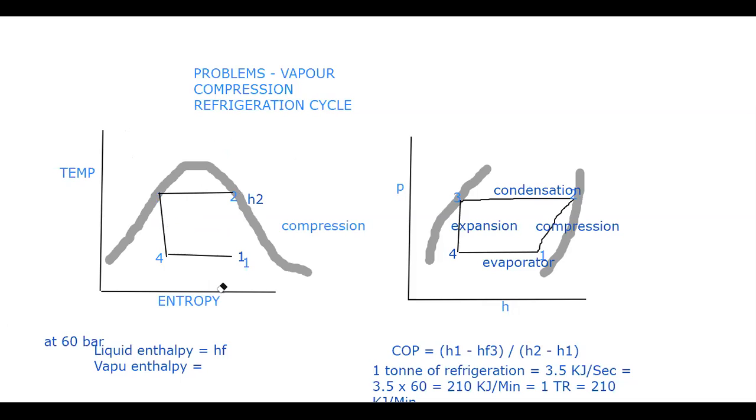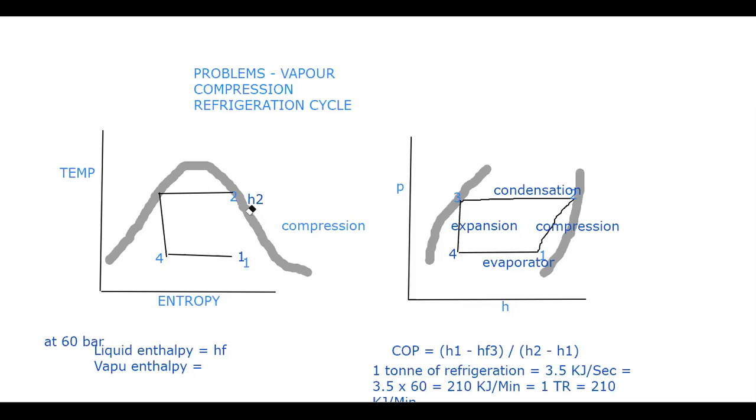Now if you see this diagram, where is point number one falling? Point number one is falling below the dry saturated line, right? That means it is in the liquid plus vapor zone, in the middle. Left side of the curve is the liquid curve, right side of the curve is the vapor curve, correct? In between, this point is a wet vapor.